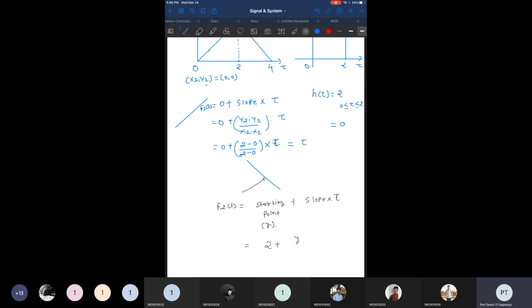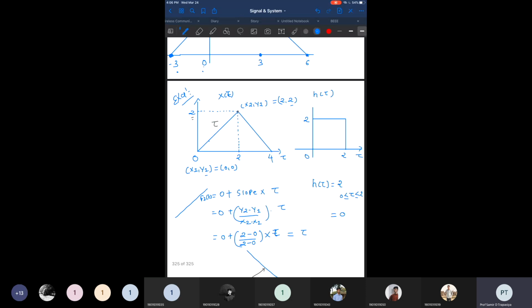Now for the slope we have to consider x3 and y3, where x3 is 4 and y3 is 0, right?